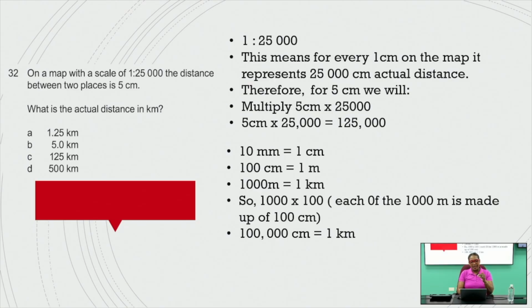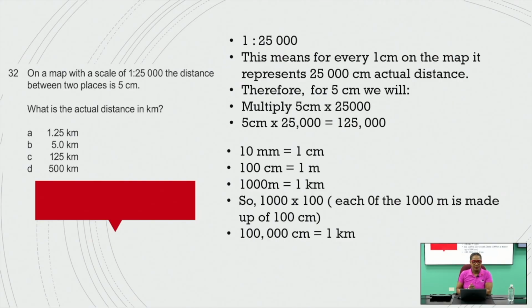Let me just backtrack a little to help you understand how I came up with that 100,000. If I have 1,000 meters equal 1 kilometer, that means in every one of those 1,000 meters, I can now take out 100 centimeters. So I'm going to multiply my 1,000 by 100 to convert it to centimeters.